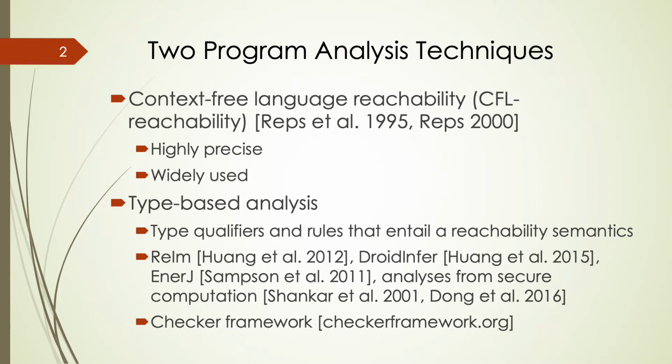There are also examples from secure computation and other problem domains. In addition, the Checker Framework is a powerful tool for coding type-based analysis for Java. This analysis helps programmers find null pointers, SQL injection, and other kinds of vulnerabilities.